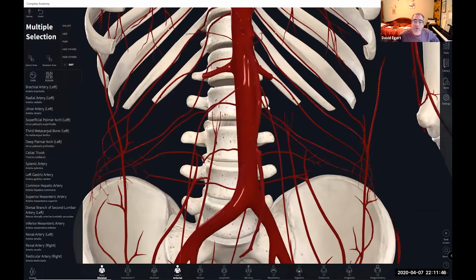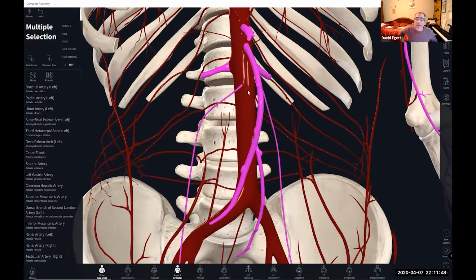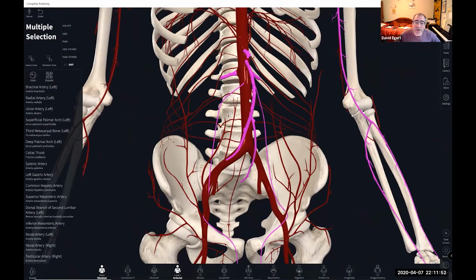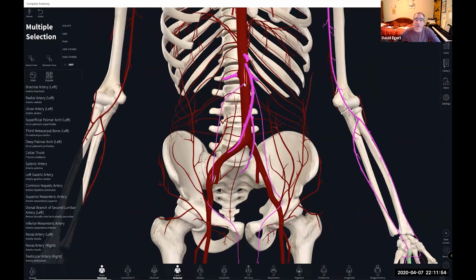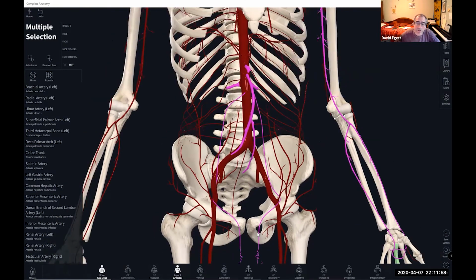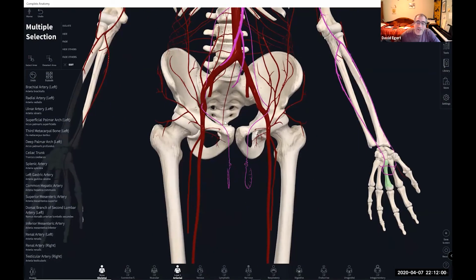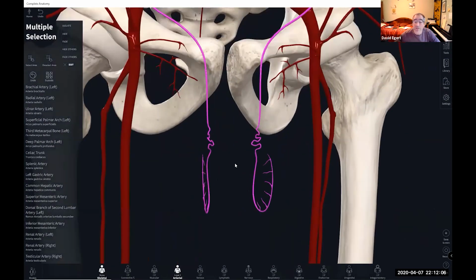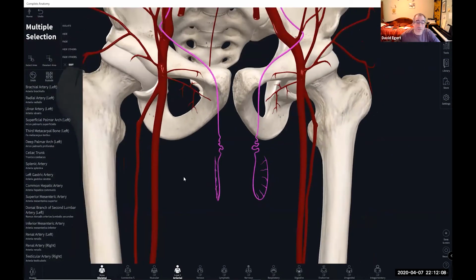I think I put those on your list as well. If you see an artery leaving the aorta a little below the renal arteries, heading down to the genital area, then you know they're the gonadal arteries. So this was supposed to be in the testes if this was a guy. Obviously, this model is a guy.